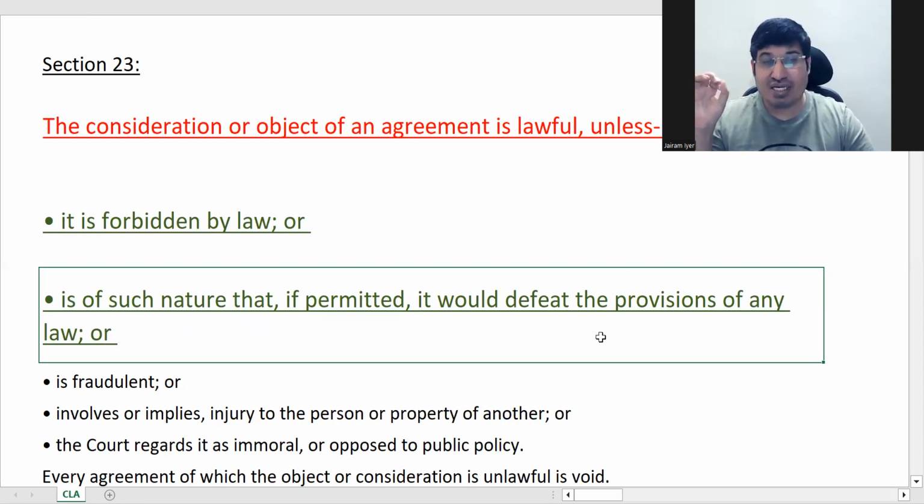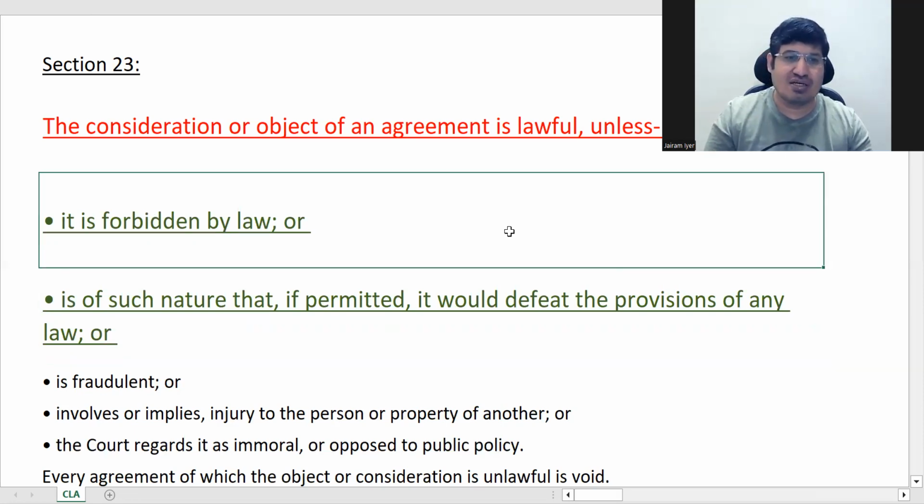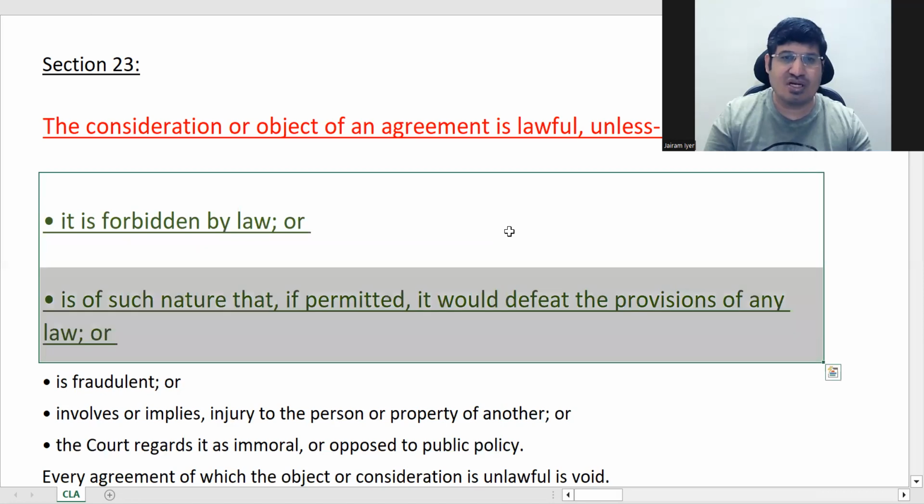It is not expressly forbidden, but if you permit it, then some other provisions of law will get affected. It happens sometimes. So this is an indirect effect on law, and this is directly forbidden. So if these two things happen, consideration or object will not be lawful.